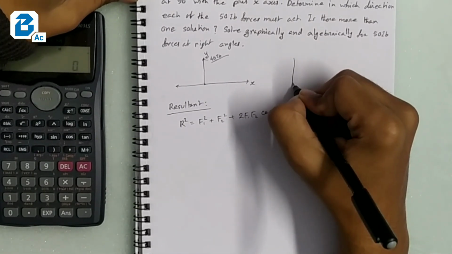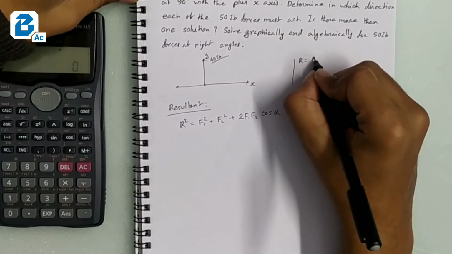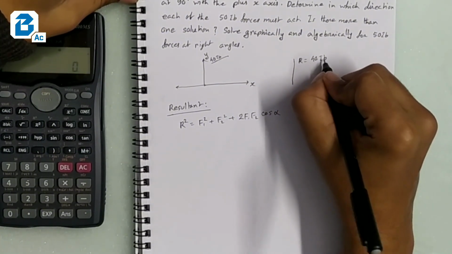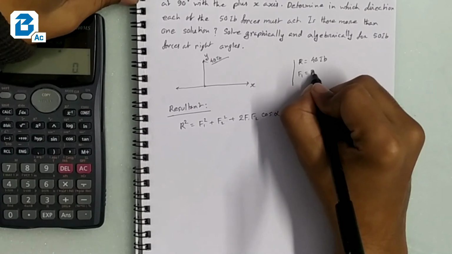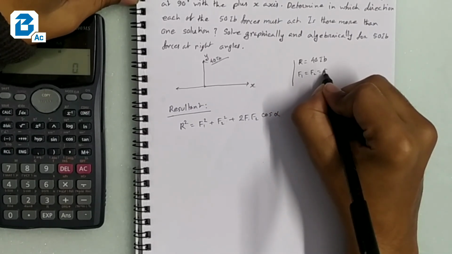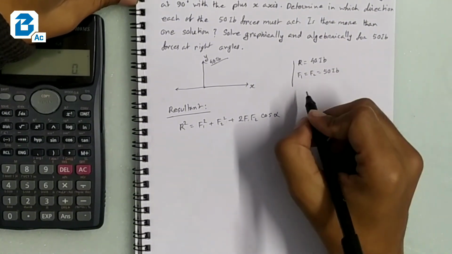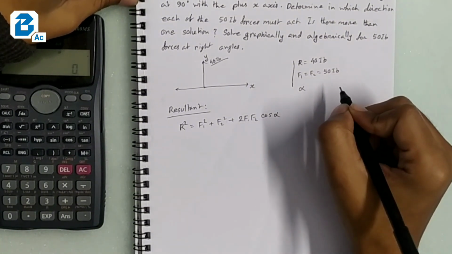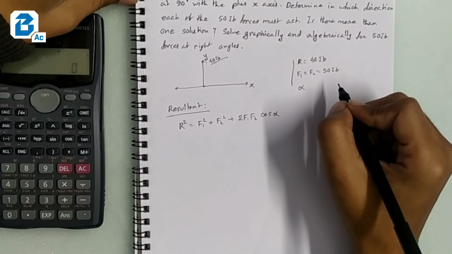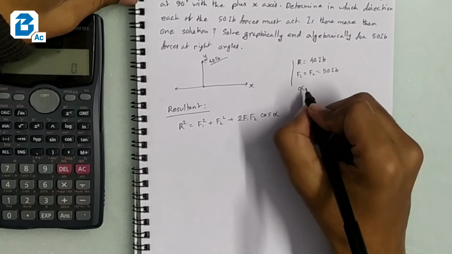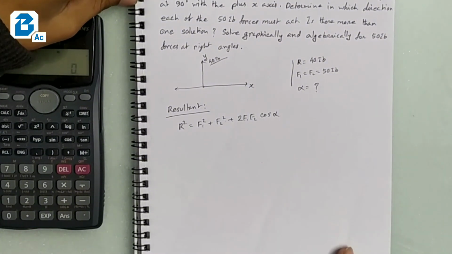Here it is given that R is equal to 40 pound and F1 is equal to F2, which is 50 pound, and then the alpha, or the angle between two forces which are acting, is unknown, so we have to find it.